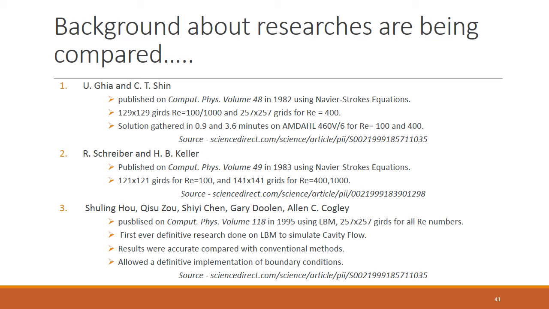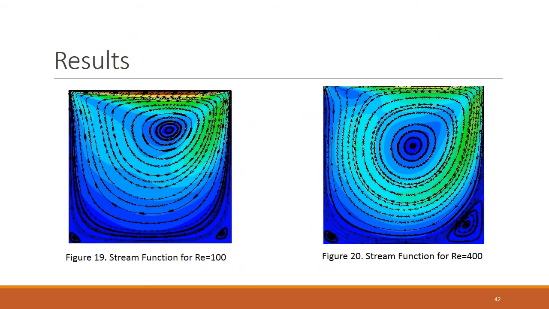The previous two used the Navier-Stokes equation, which includes Boolean variables, but this one used, for the first time, a single particle distribution function. The results compared perfectly, and they also first implemented the boundary condition method, which was a game changer in 1995.